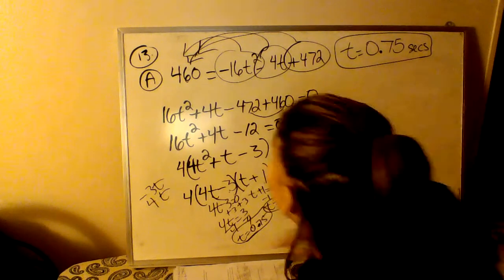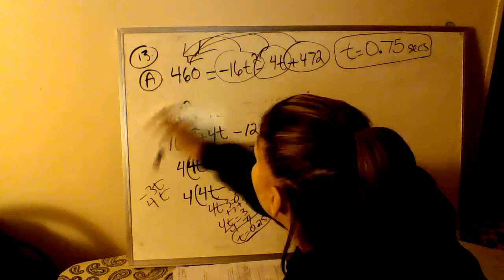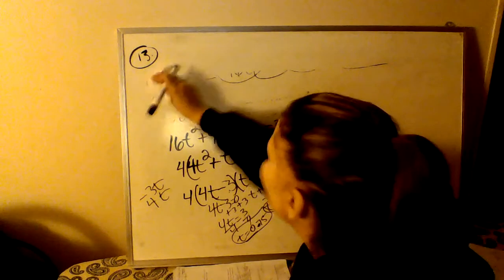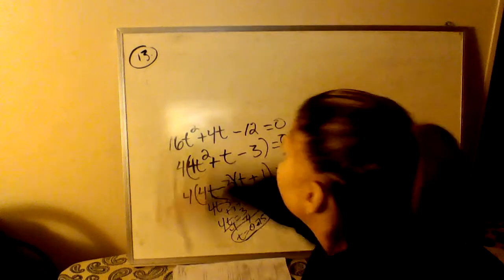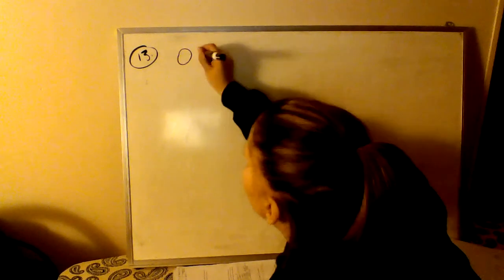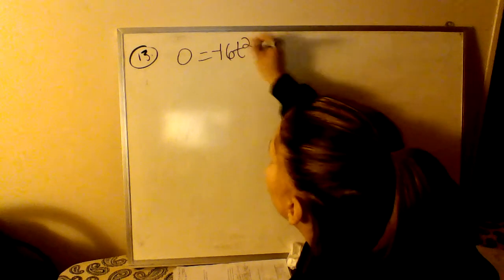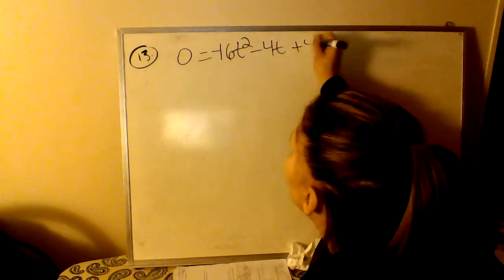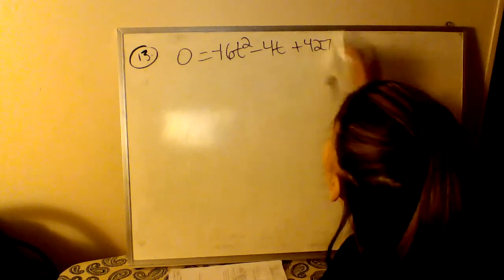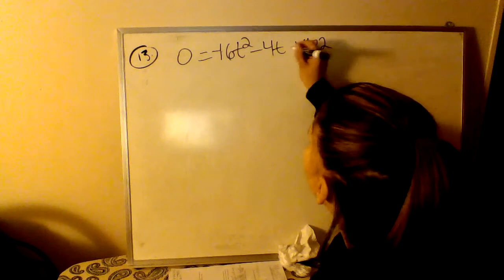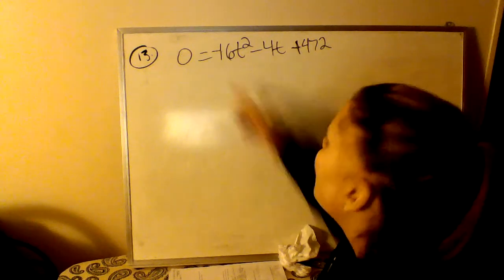Now for part B, doing something similar except we don't have an extra number. We're dealing with just when it's at 0. So we're just setting it equal to 0 and solving. So we have 0 equals negative 16t squared minus 4t plus 472. But now I want to make this positive.